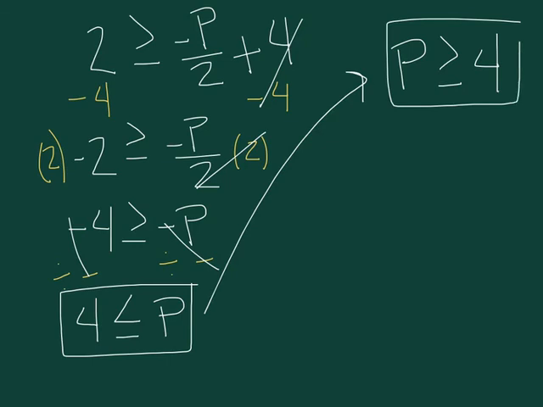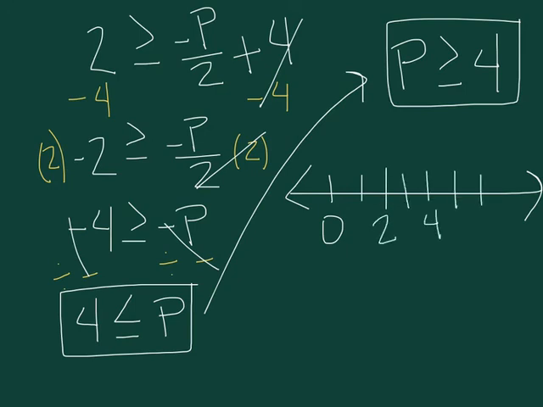So let's go ahead and take this statement and graph it on a number line. So we can start with 0, 1, 2, 3, 4, 5, 6, and so forth. Since there is an equal sign, we know that 4 is part of the solution, so we're going to have a solid dot at 4.